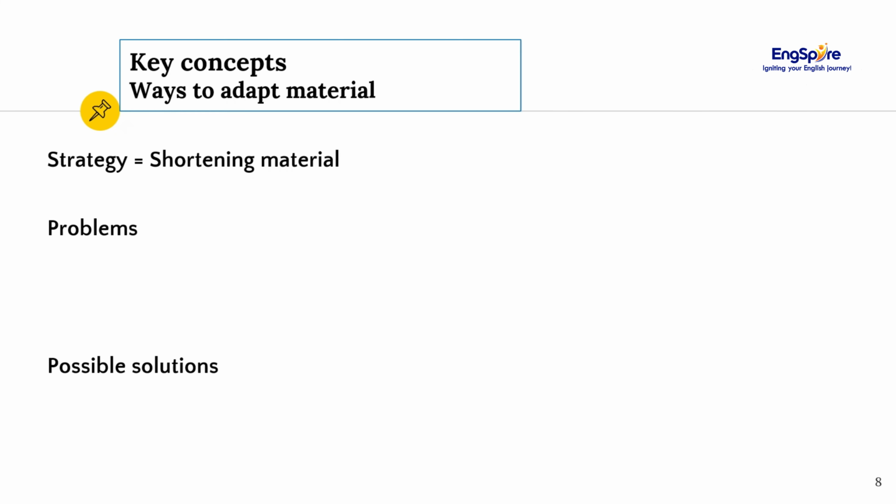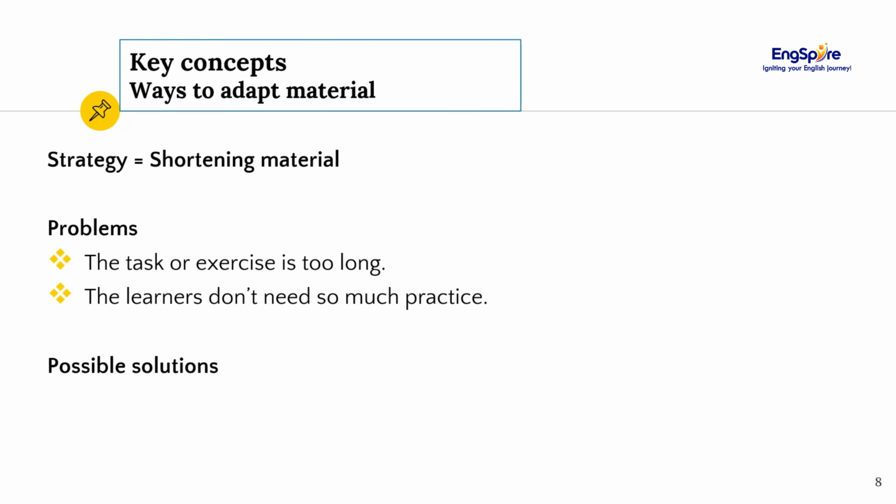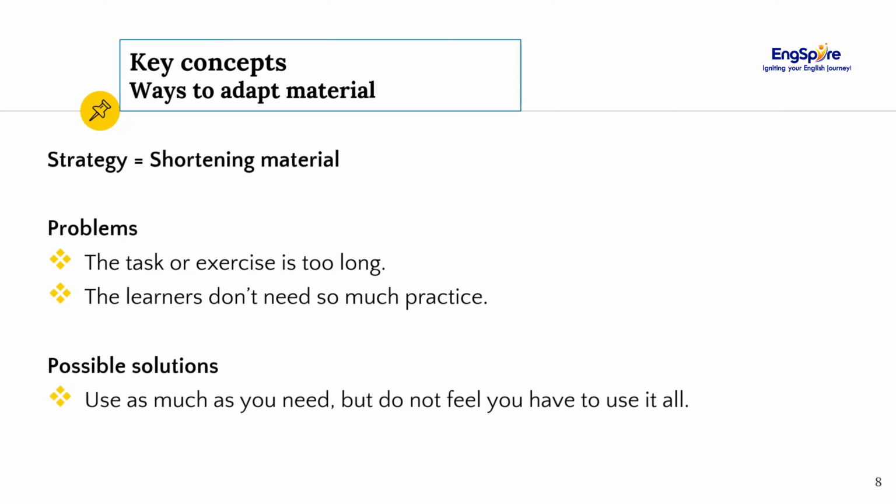The second strategy is shortening materials. We use this when an activity is too long, learners already understand the language, or there is not enough time in the lesson. You do not always need to complete every exercise in the book. You can select only the parts that are useful.